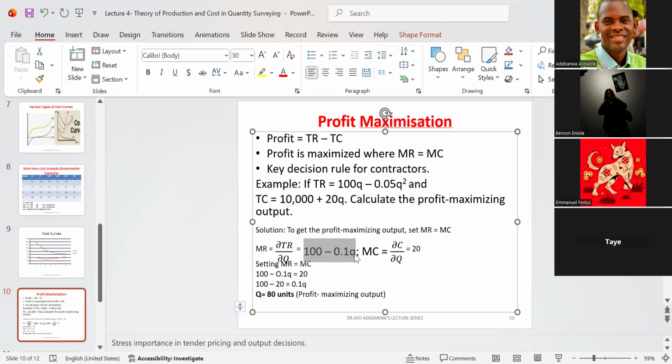Then look at 20Q here. 20Q has an invisible power of 1. 1 times 20 will give you 20. Then subtract 1 from the power, that will give you 0. Q raised to 0 is 1. Then 1 times 20 is 20. So if you set MR equal to MC, you now have 100 minus 0.1Q is equal to 20. And the final answer will give you 80 units. That's the profit maximizing output.